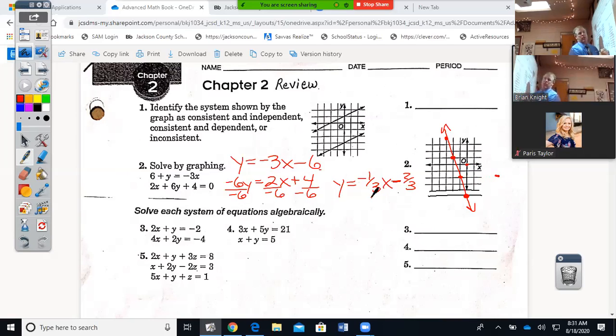So rather than going down 1, right 3, I'm going to go up 1 and left 3. 1, 2, 3. Up 1. That's not right. I'm putting it too close. Up 1. There we go.